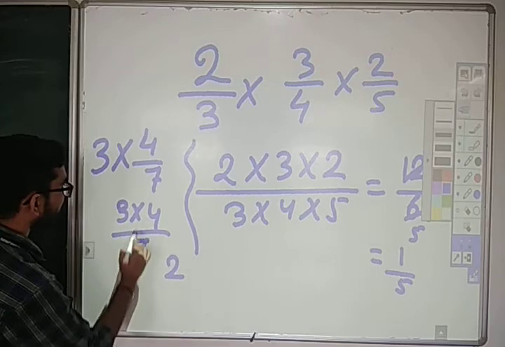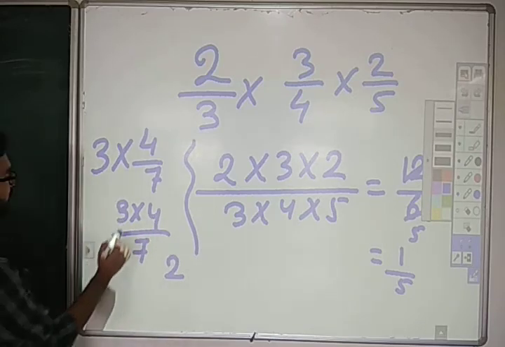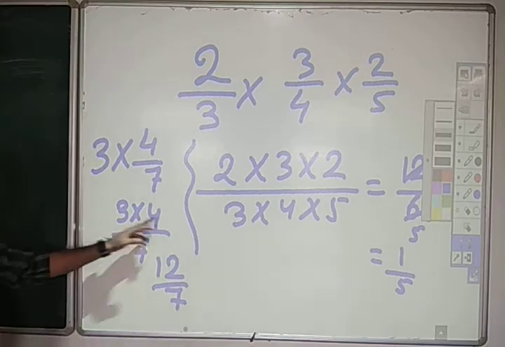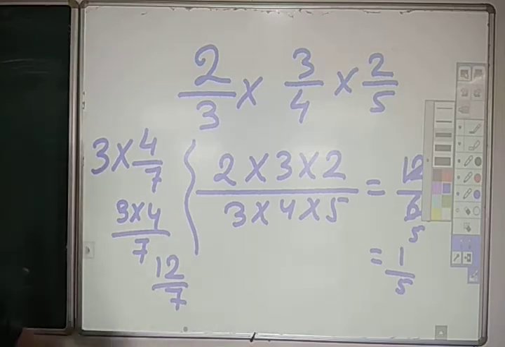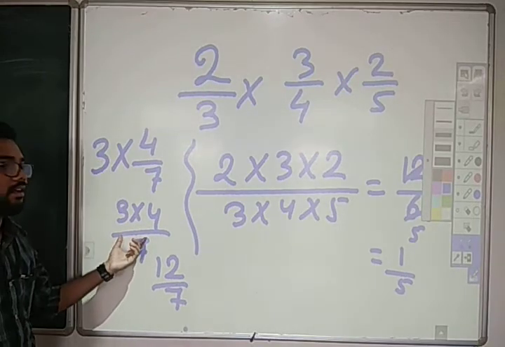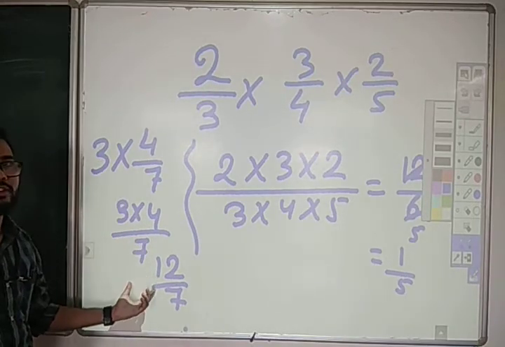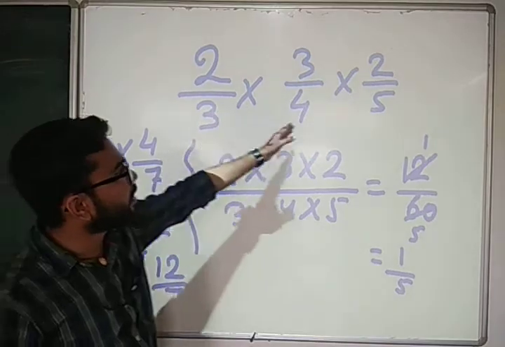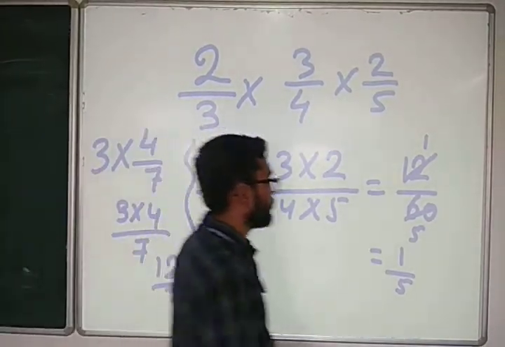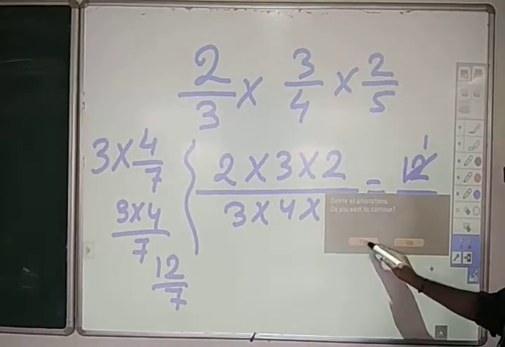So this is 12 upon 7. So in this way you can solve. When a fraction and a whole number are given, you will multiply in this way, and when fractions are given, you can multiply in this way. Now moving towards the next question.